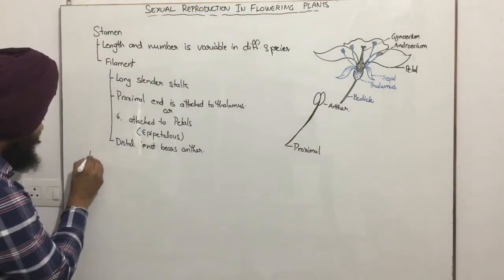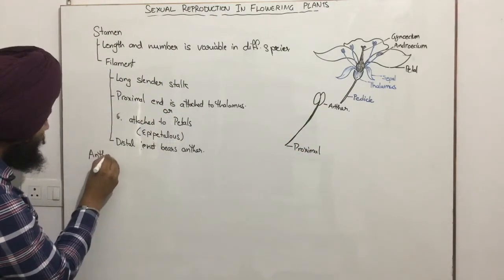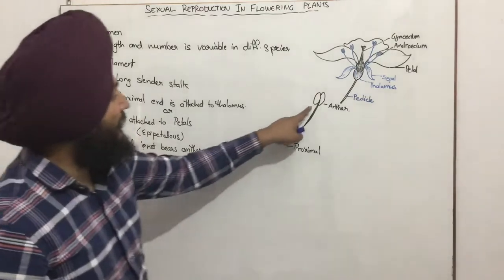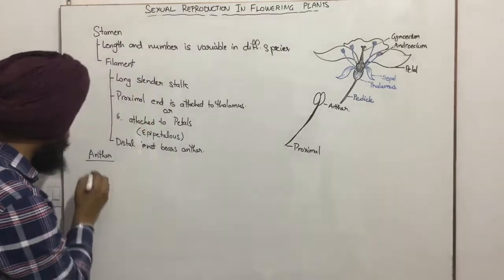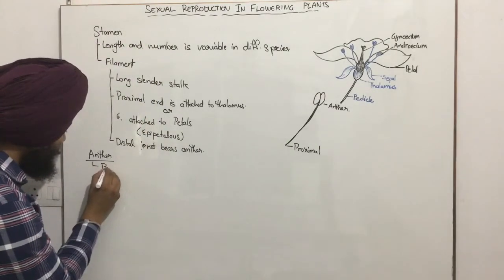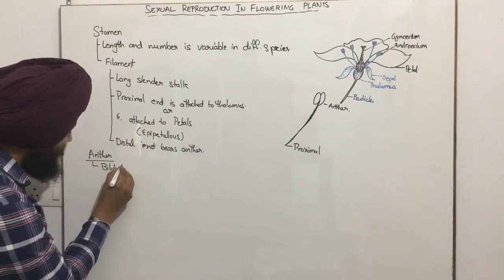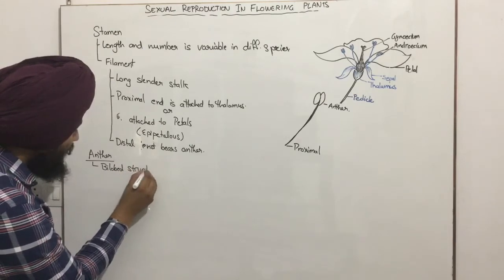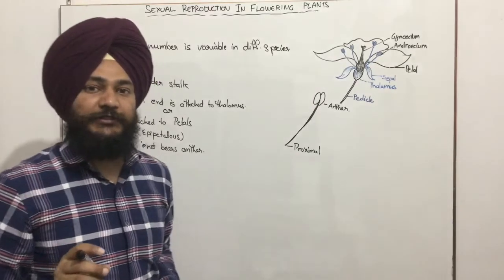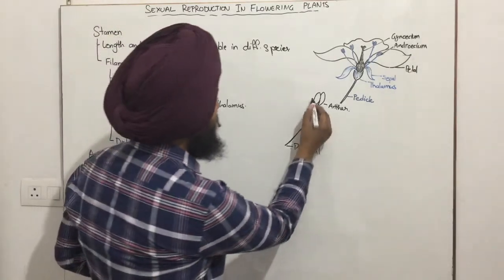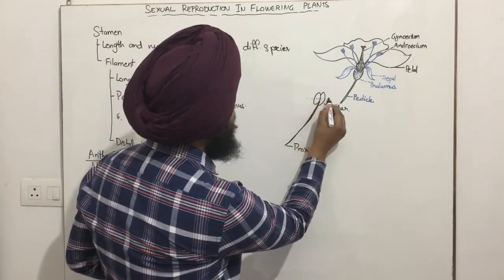So next we have the anther. As we can very much see from this diagram, the anther has two lobes. So it is a bilobed structure, and when we take up the transverse section of the anther, for example, we cut the anther at this plane.